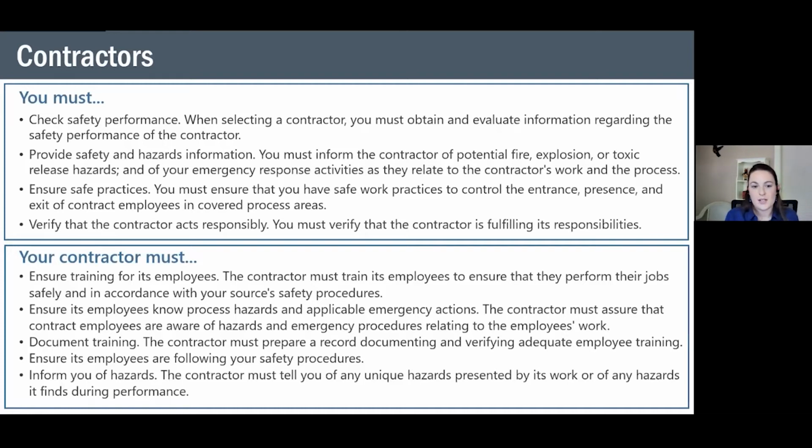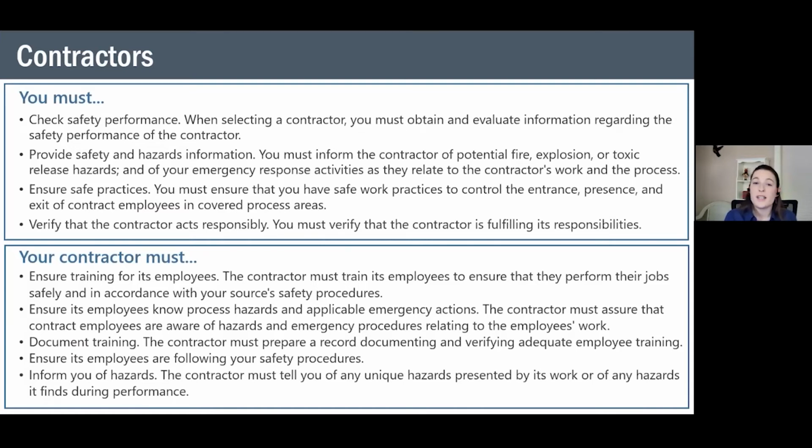It's broken down into responsibilities for the owner and operator and contractor responsibilities. So the owner and operator needs to evaluate the contractor's safety performance. They need to provide safety and hazard information to the contractor of the potential fire, explosion, or toxic release hazards and emergency response before they work on your facility.